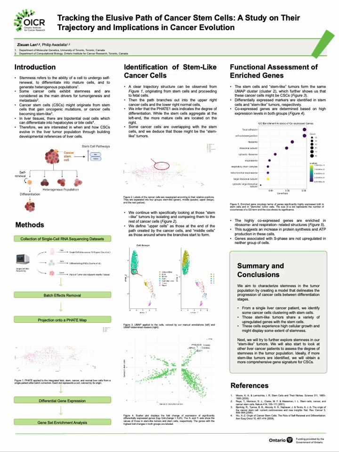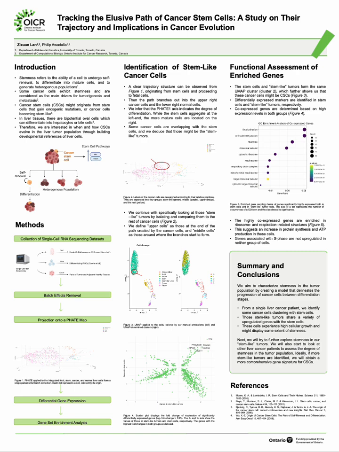To summarize, we aim to characterize stemness in the tumor population by creating a model that imitates the progression of cancer cells between differentiation stages. From a single liver cancer patient, we identified some cancer cells clustering with the stem cells. The stem-like tumors share a variety of upregulated genes with the stem cells, and these cells experience high cellular growth and may display some extent of stemness.